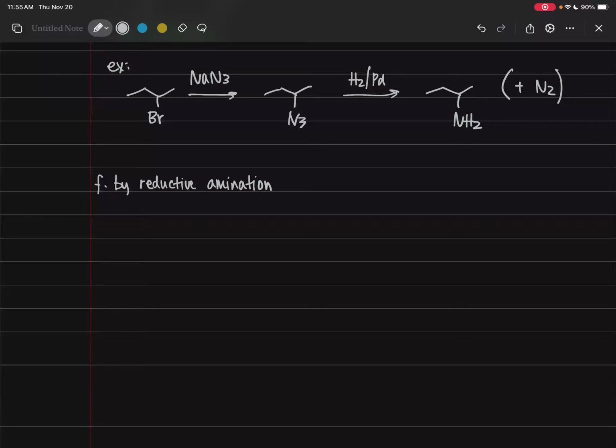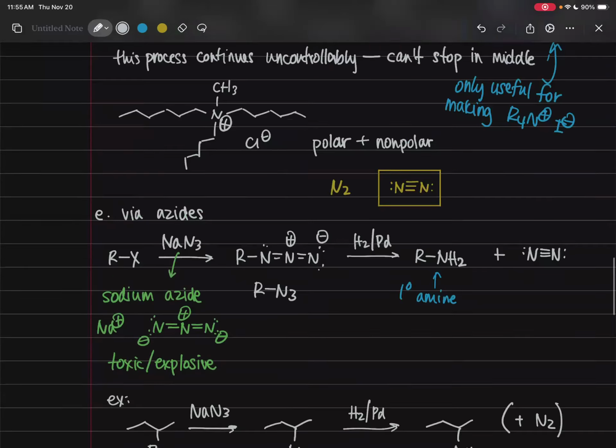Okay. If you thought we were done with carbonyl chemistry, I'm sorry. Because reductive amination is probably the best way to make substituted amines. I kind of already said this before and then didn't do what I said I was going to do.